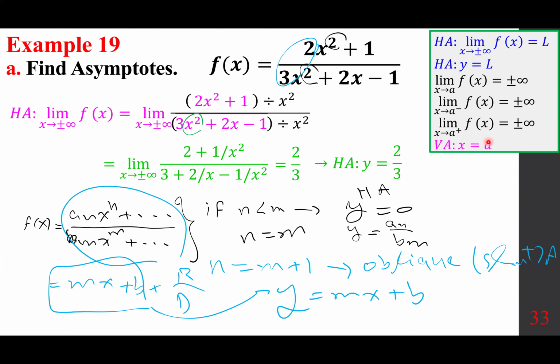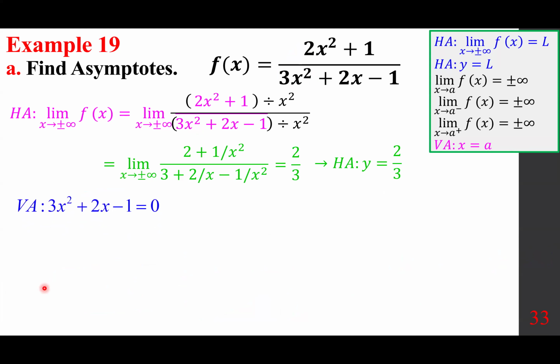For the vertical asymptote, in order for the function to go to positive or negative infinity, that means the denominator has to go to 0. It's important to know this indicates the denominator must go to 0. You set the denominator equal to 0. So let me erase this.